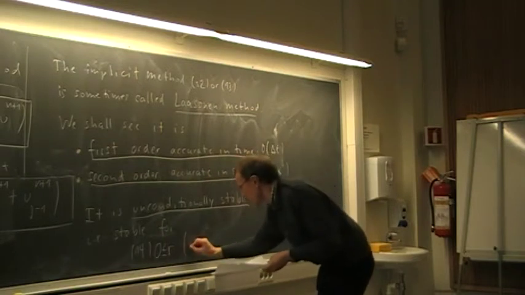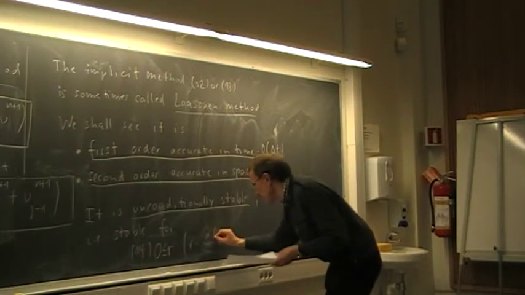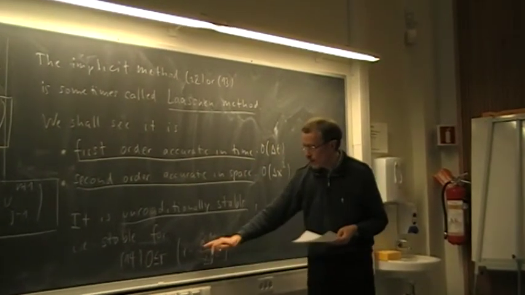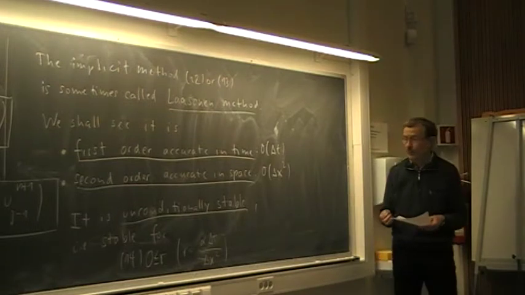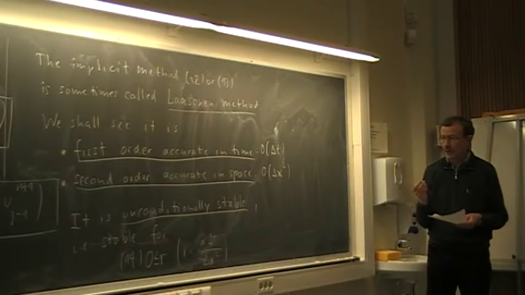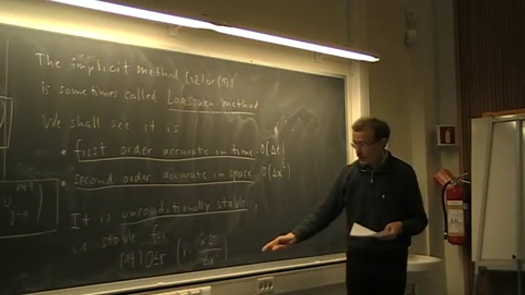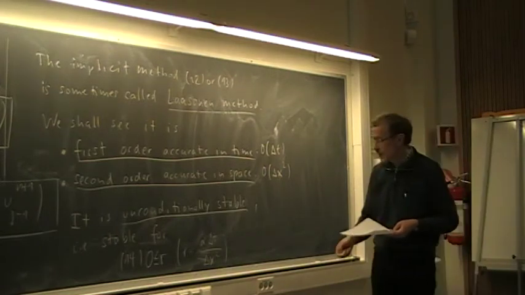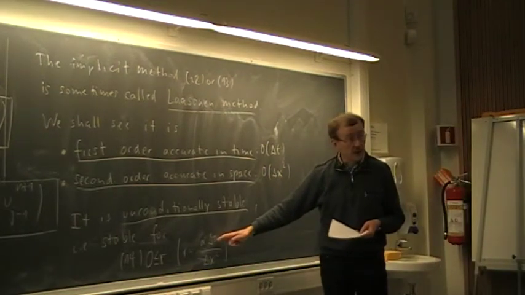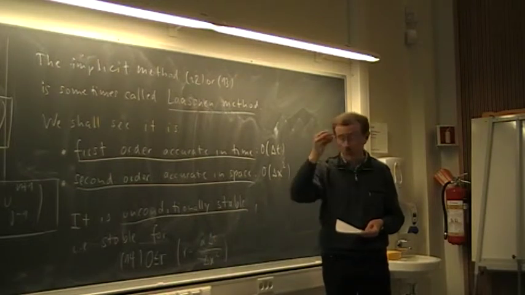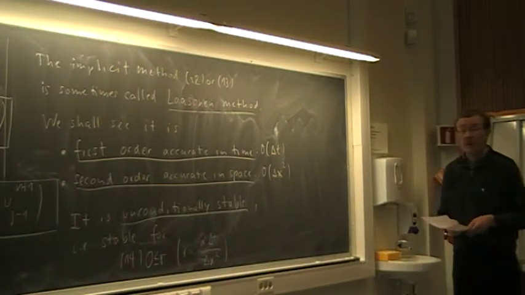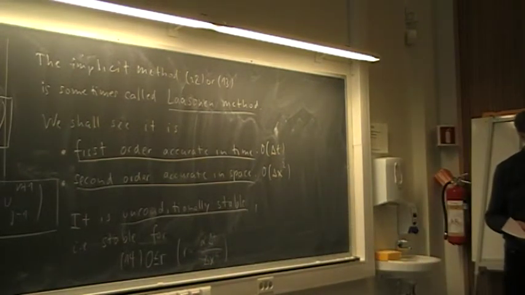So that was, to remind you, R was alpha delta t divided by delta x squared. So to have a well-posed problem, you must have a positive thermal diffusivity. Alpha must be positive. Delta x squared, of course, is positive if we have delta x not 0. Otherwise, it would not make sense. And then it also makes sense to have delta t greater than 0. Otherwise, we wouldn't move in time. So this essentially means that R should be greater than 0, but there is no limit. You can choose it as you like.